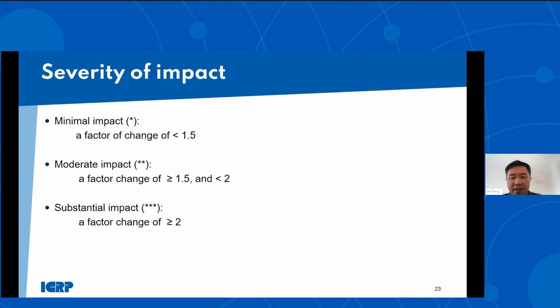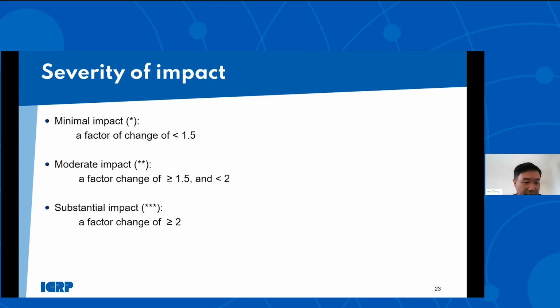So in this sensitivity analysis, we calculate the ratio of the altered detriment to the ICRP standard detriment. So we can classify the severity of impact according to the following criteria. For a minimum impact, we give one star. That means a factor of change less than 1.5.